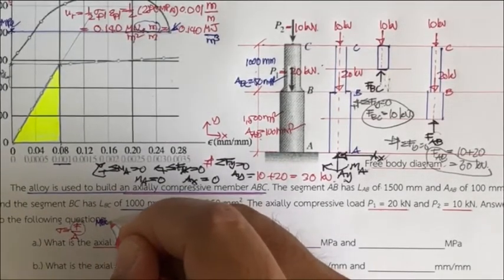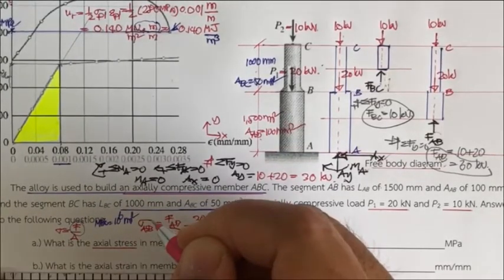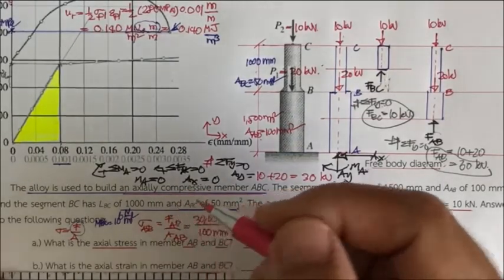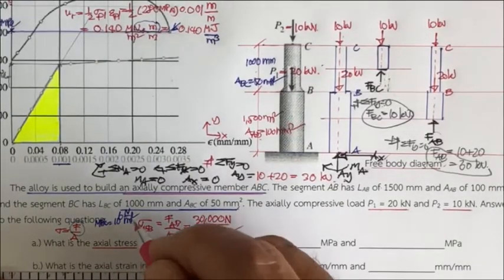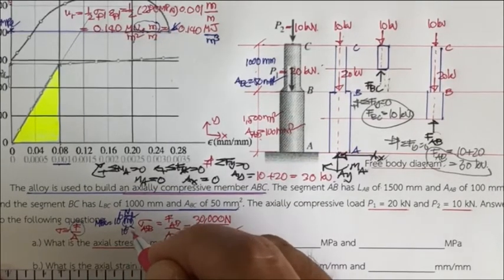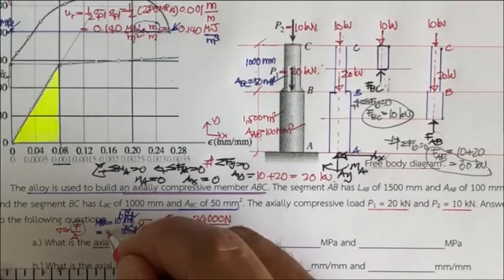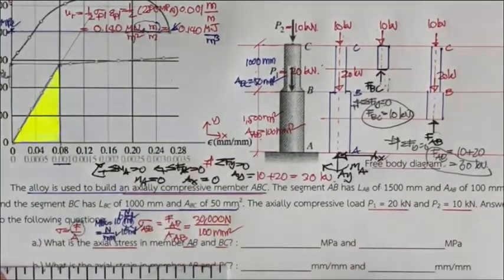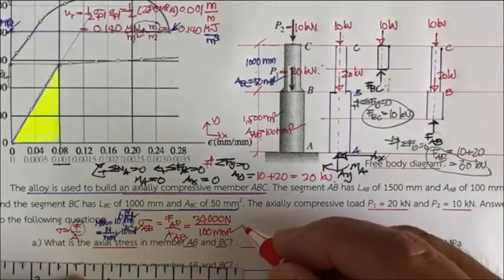And I'd like you to observe that a megapascal is 10 power 6 Newton per meter square. And you also know that a meter square is 10 power 6 square millimeter. So the megapascal can be rewritten into Newton per square millimeter. If you understand that, you may get this one.